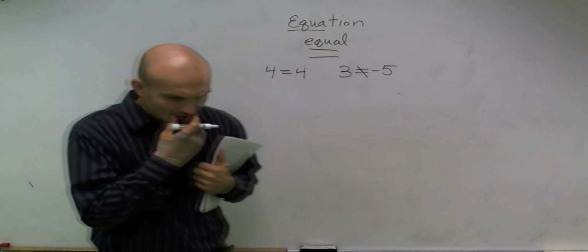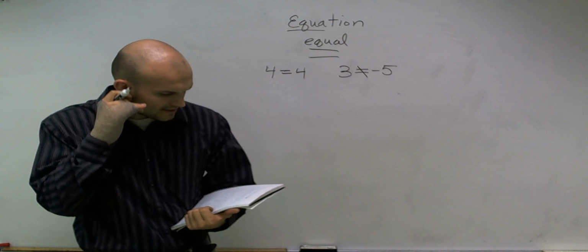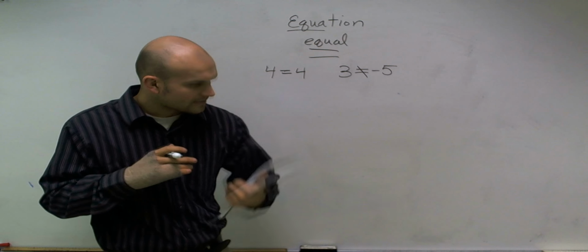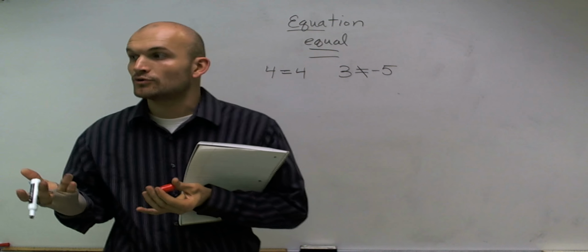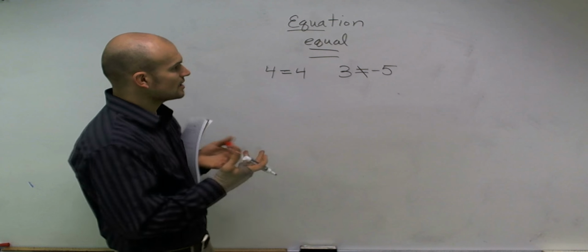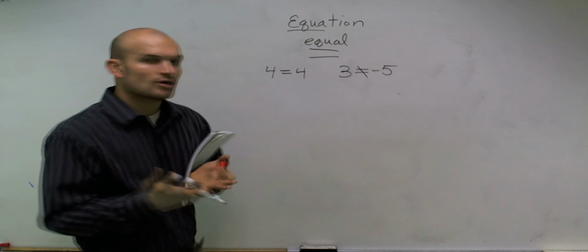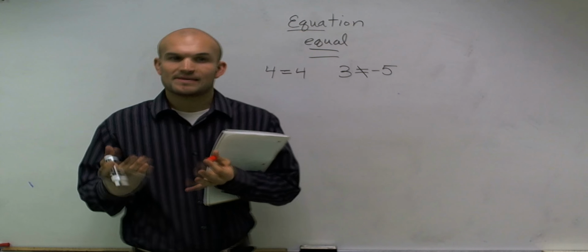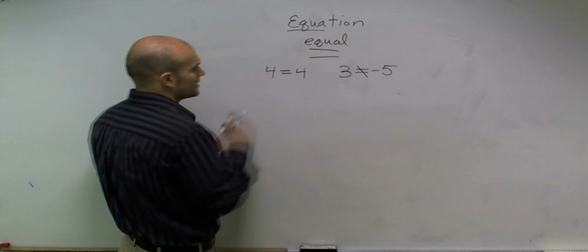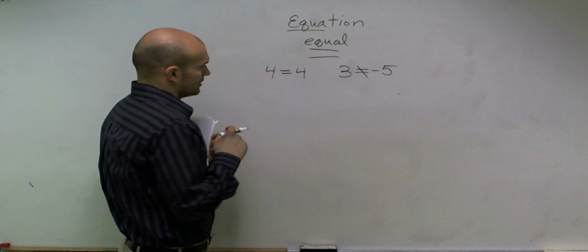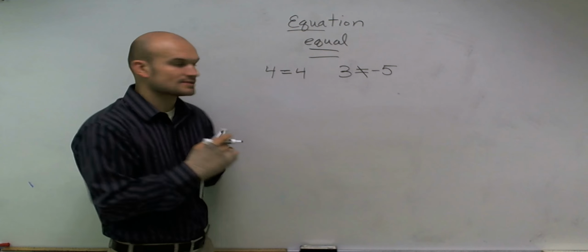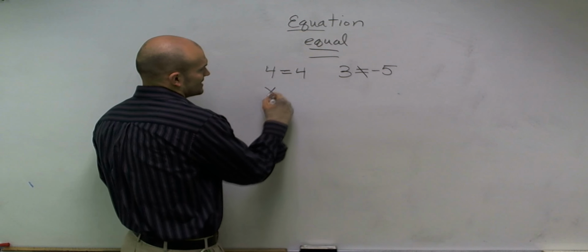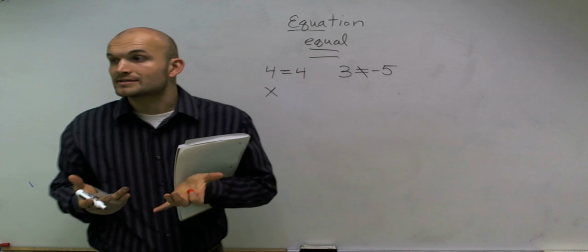Now, the next thing that we're going to work on is finding a value that's going to make an equation true. When we're talking about equations with variables, we're going to want to find the value of a variable that makes it true. So let's look at the example 4 equals 4. We know that 4 is equal to 4, correct? Well, what if I said, let's say x? I don't know the value of x.